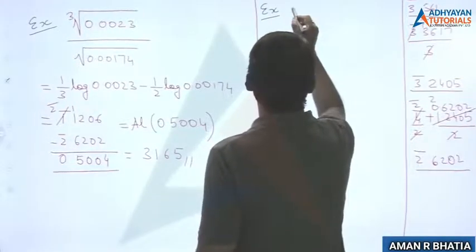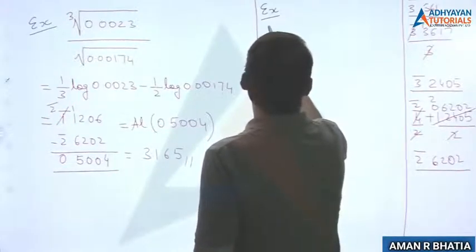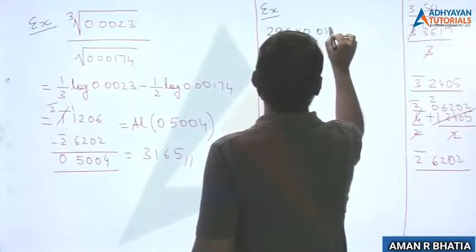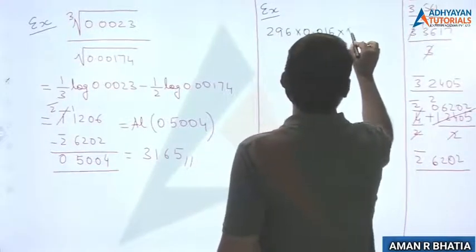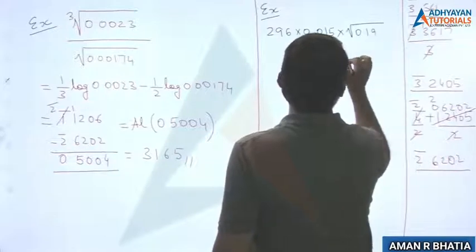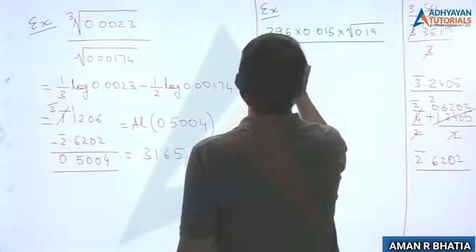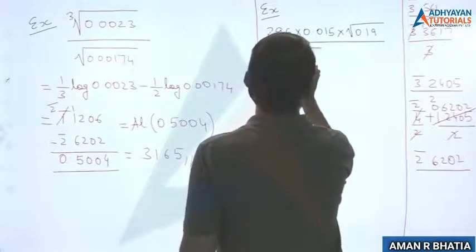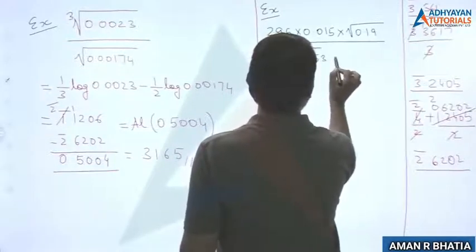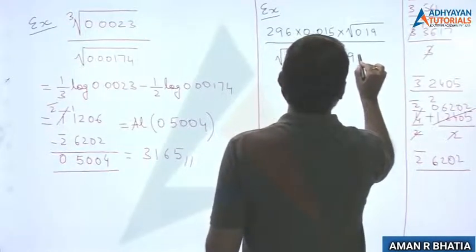So let us say the problem is something like 296 into 0.015 into square root of 0.19 upon square root of 0.0253 into 197.